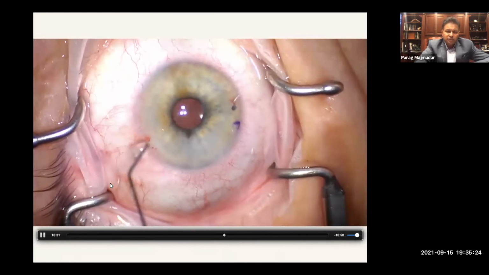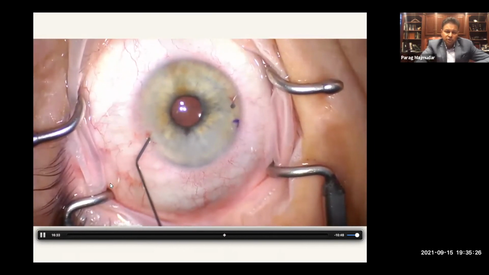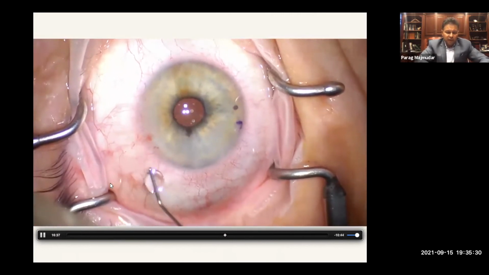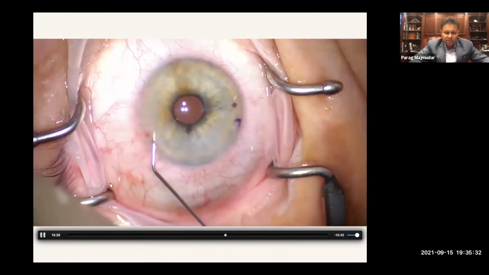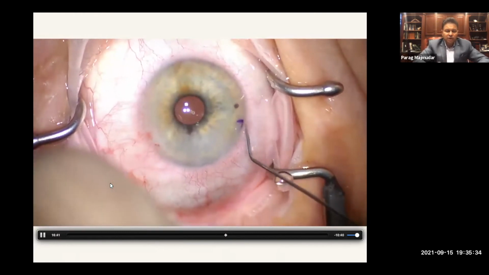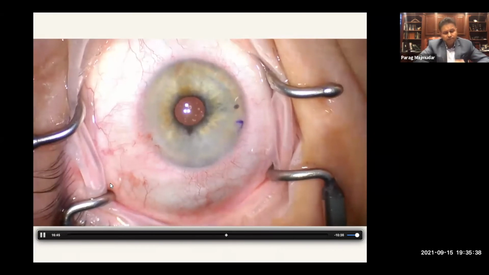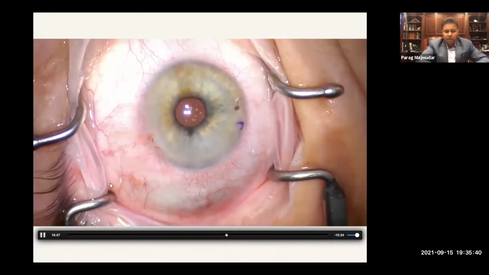And that's the advantage of having a separate procedure, because now you've had this time for the cataract, the lens implant to be more stable. The iris diaphragm, along with the IOL diaphragm, is more stable. The capsule is more rigid. It's just easier. But we're going to muddle through here.